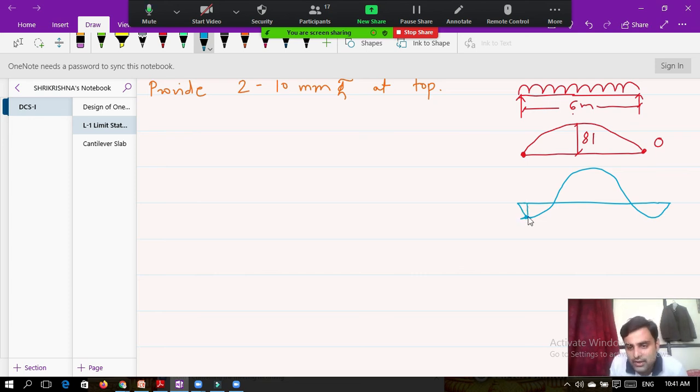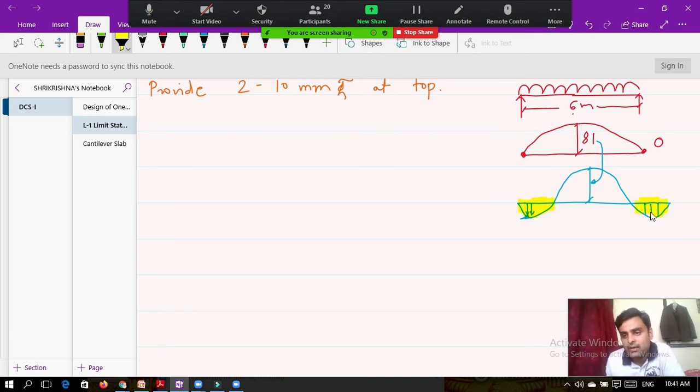Here you will get some ordinate, here you will get some values, here also. And this is your maximum bending moment, which we have taken as this value. But we have not considered this bending moment, if I highlight this portion.